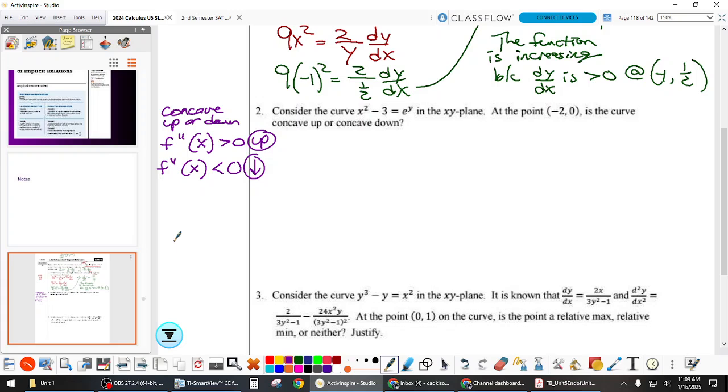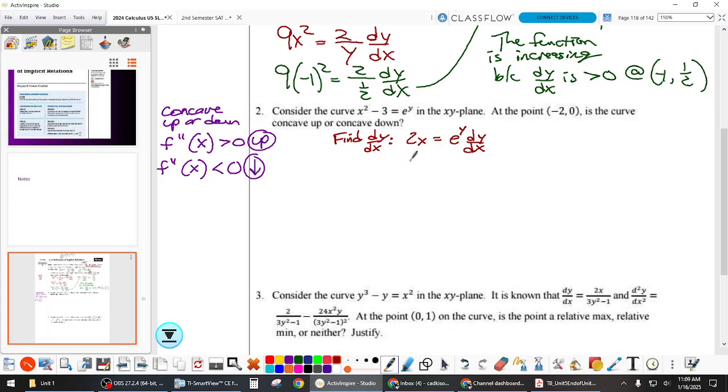We have our favorite e to the garbage. Before we continue, what should we check here? Oh, for critical points, to see if there's a 0 there. For dy/dx.